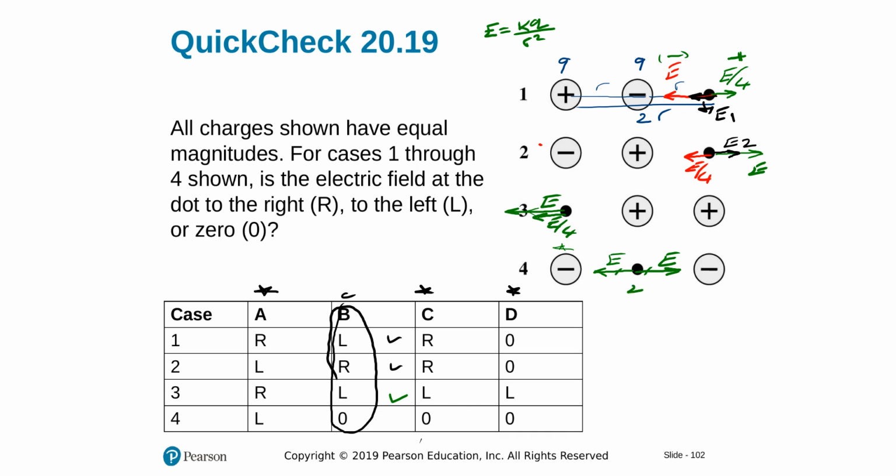Total will be 0 if I call this E4. And E3 will be overall to the left. Let me draw that as well. And it will be actually the largest electric field, to symbolize it this way. And the answer is B.